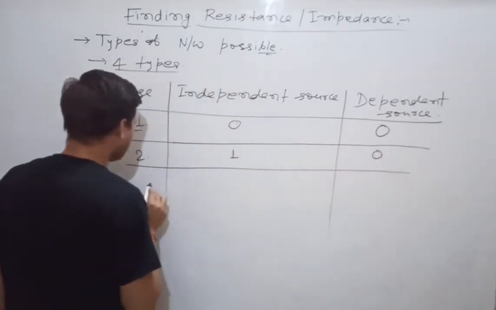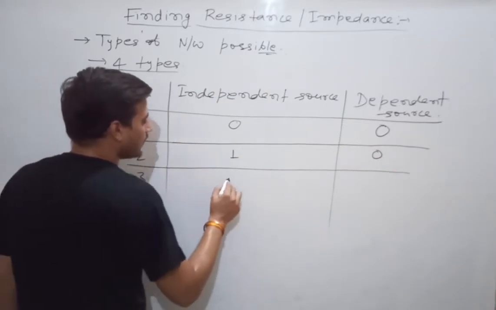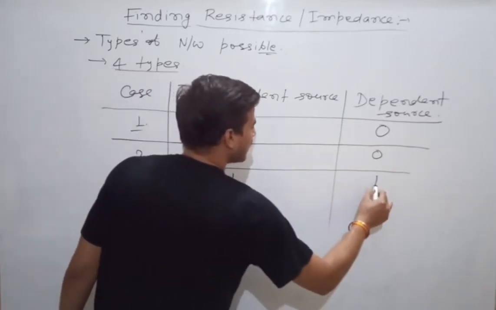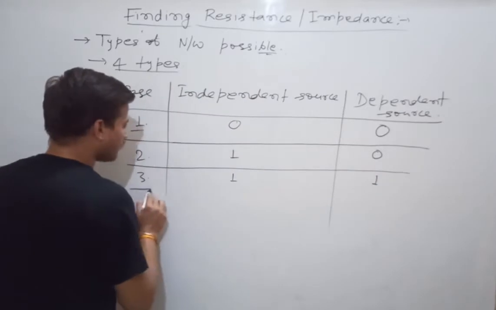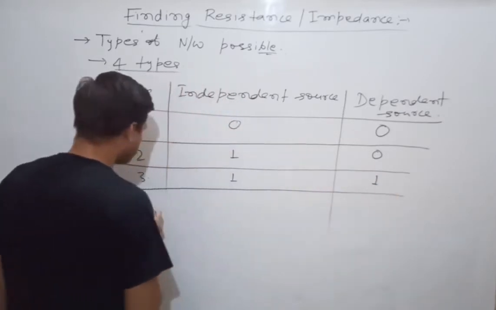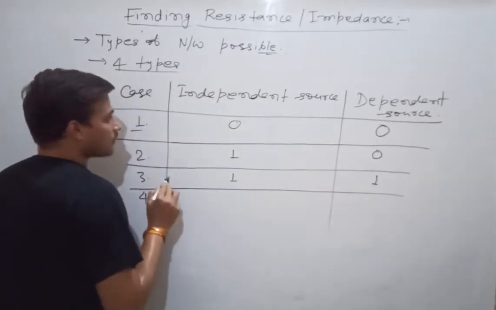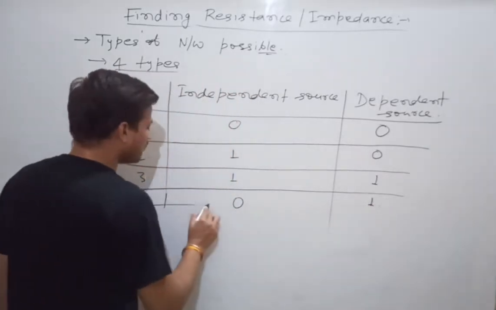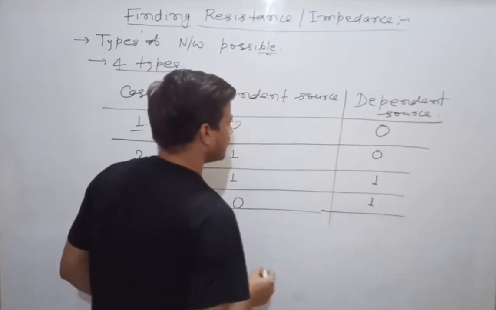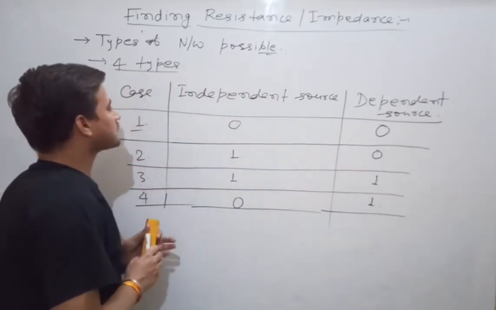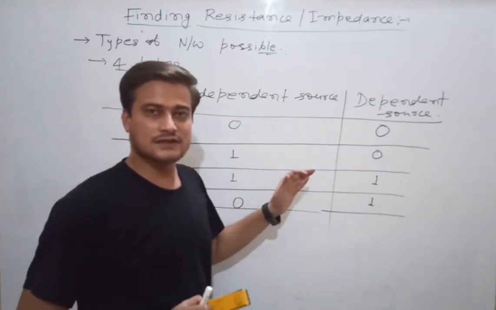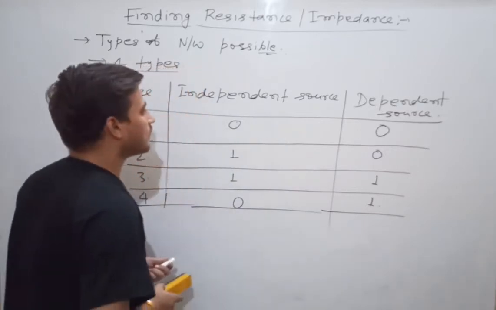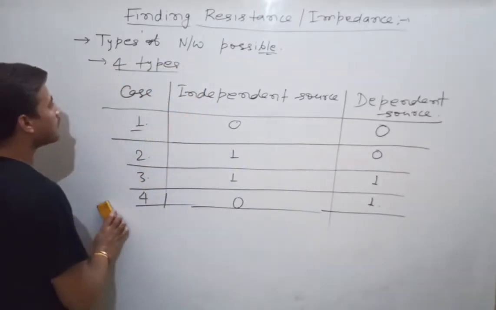Third case is there will be independent source as well as dependent source. And fourth case is there will be only dependent source present in the network. So we have to discuss all the 4 cases. We'll write the methods to find the equivalent resistance or impedance.